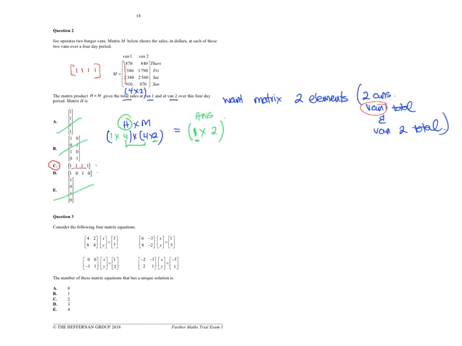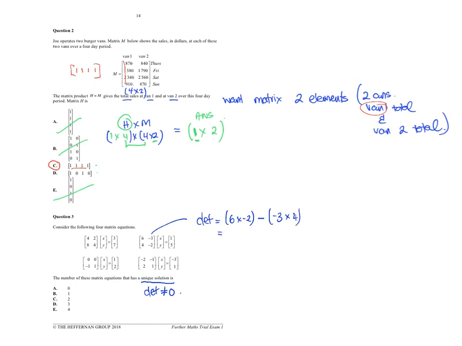Okay, when they ask in question 3, how many have a unique solution? So for a unique solution, the determinant will not equal 0. So if I go and look over here, the determinant of this one would be 6 times negative 2 minus negative 3 times 4.